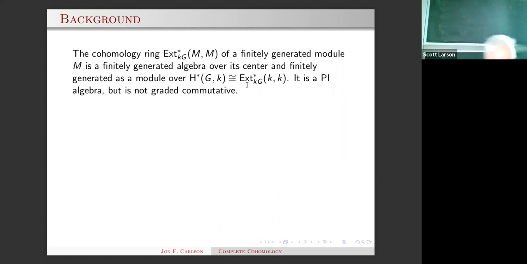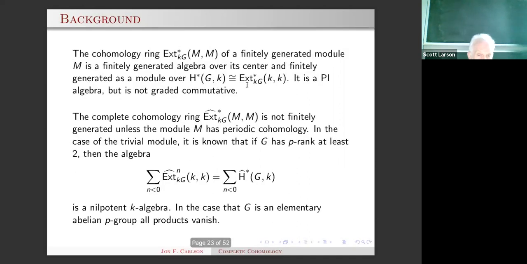It is not, however, graded commutative. It has irreducible modules that are more than just one-dimensional. The complete cohomology, where you throw in negative cohomology, is not finitely generated unless the module is periodic.